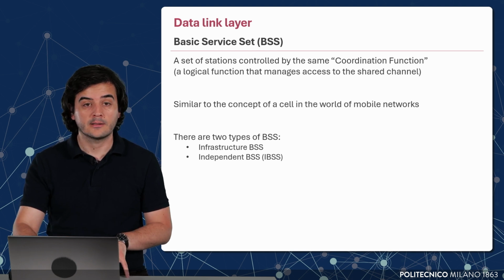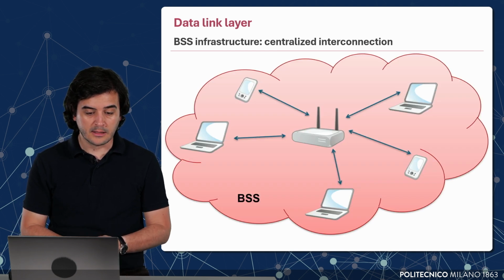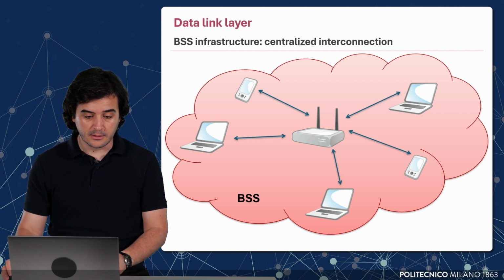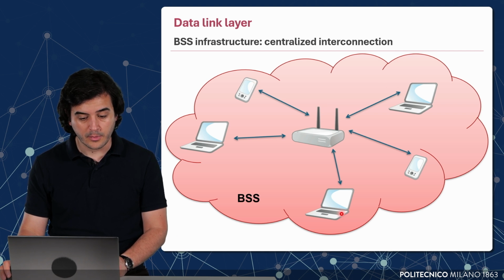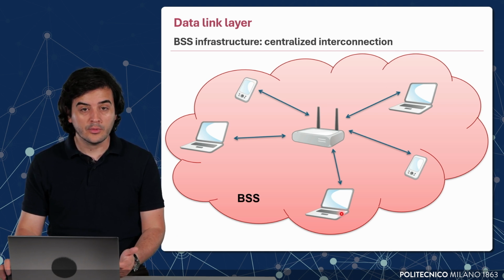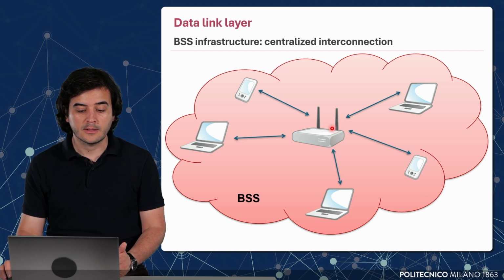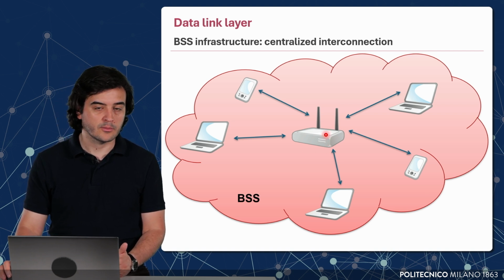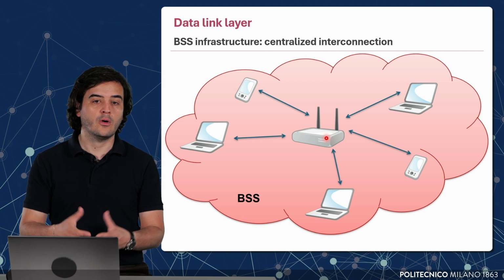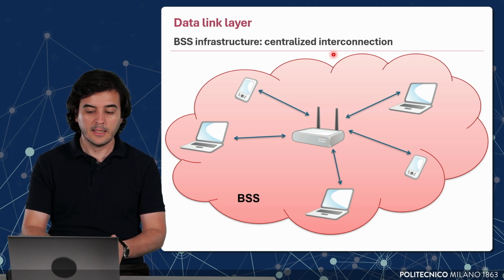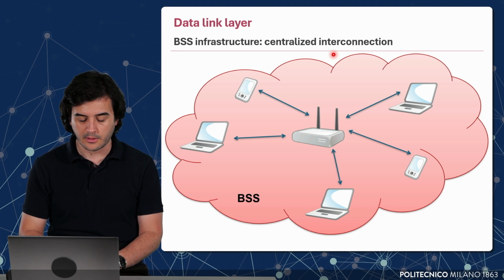What in practice this means is that in case of the infrastructure BSS, we have a centralized interconnection. This means that there are a set of equipment which communicate between one another through a centralized entity. In this case, it can be an access point, and also the name, the centralized interconnection, exactly refers to the type of architecture that we see.